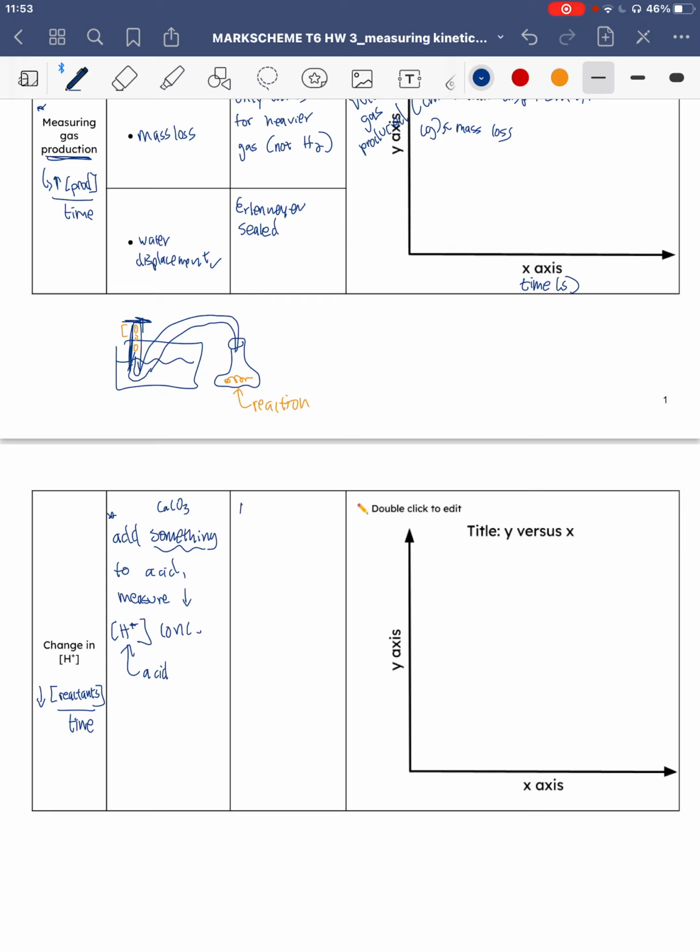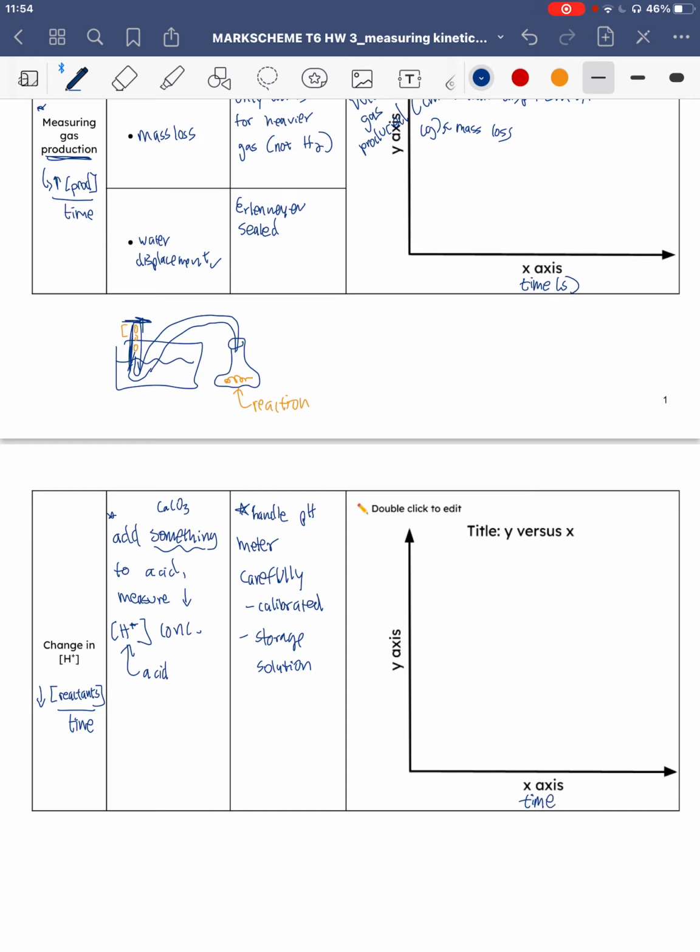Some notes that we had here, you need to handle the pH meter carefully. Make sure it's calibrated. Make sure to use the storage solution. They're a little bit delicate.